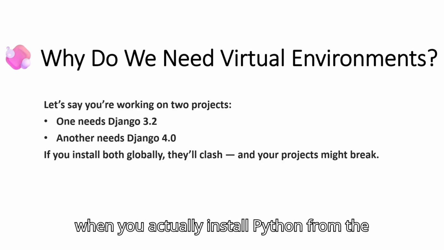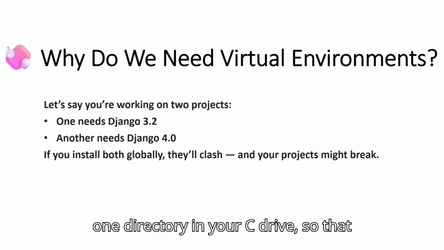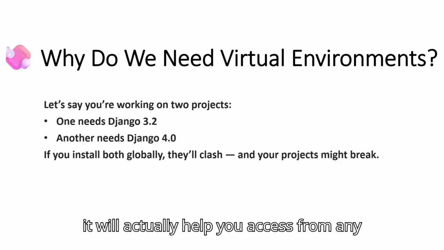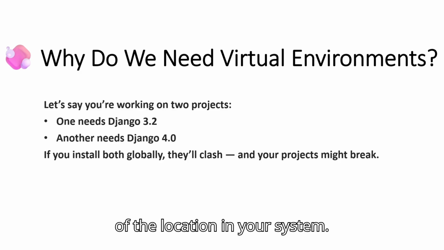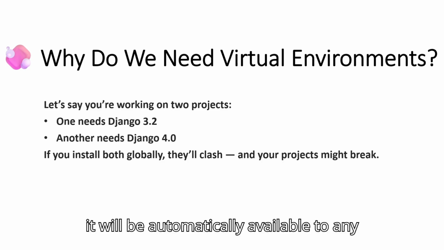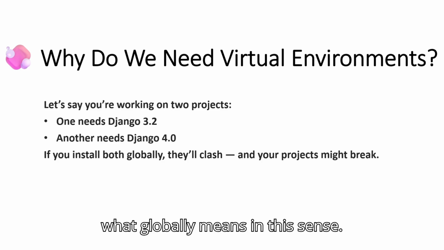When you install Python from the standard installation, you install it in one directory in your C drive. That directory is your global installation. It helps you access it from any location in your system. So if you install one dependency there, it will automatically be available to any of the folders that you open. That is what globally means in this sense.